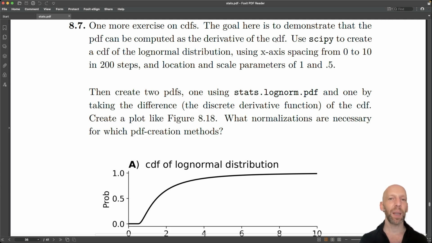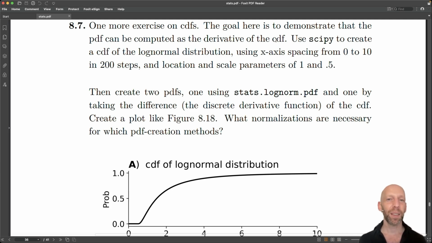The CDF is the cumulative sum or the integral over the PDF, and that means the PDF is the derivative or the discrete difference of the CDF. That comes from the fundamental theorem of calculus. I forget if it's the first or the second one. Anyway, it is part of calculus that integration and differentiation are inverse operations of each other.